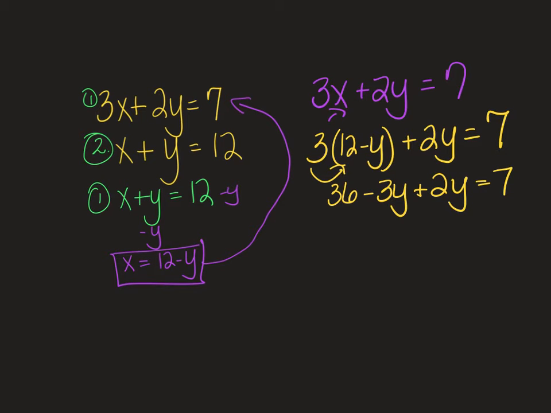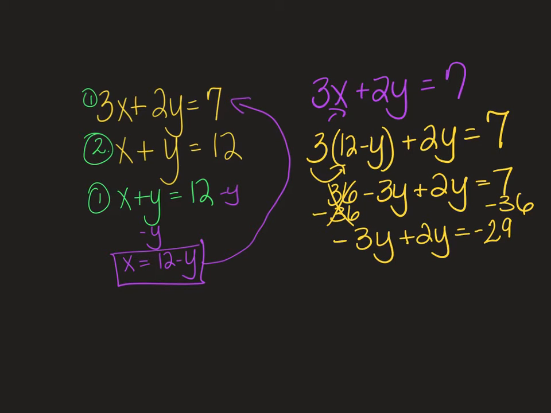Okay, now I'm going to do my inverse operation here. I'm going to do the inverse operation of 36, which cancels, minus 36. So now I have a negative 3y plus 2y equals, and when you have a 7 plus negative 36, you're going to get 29. Is it positive or negative?